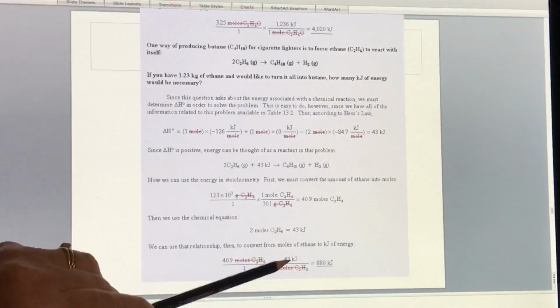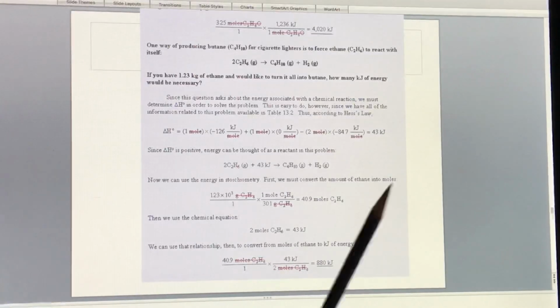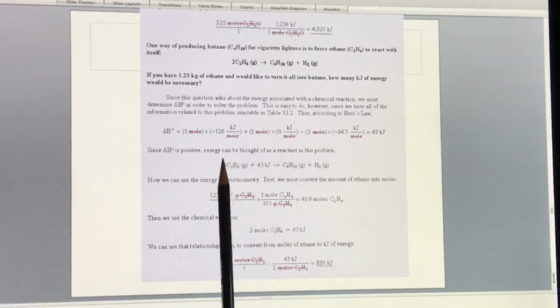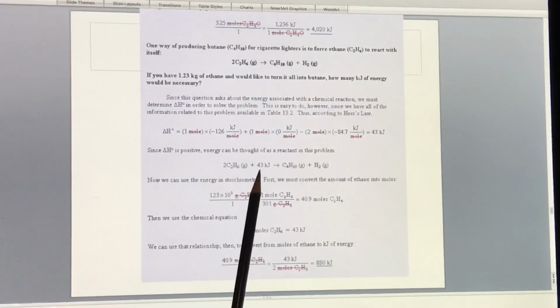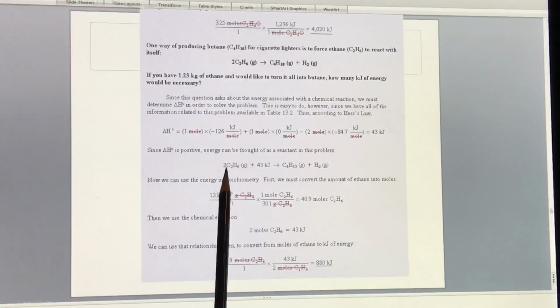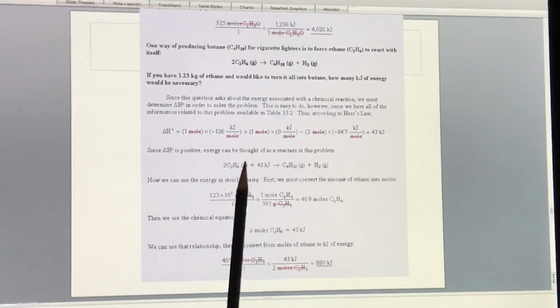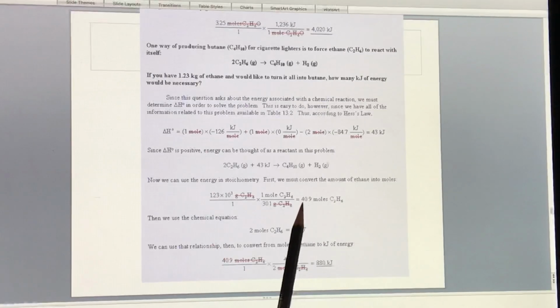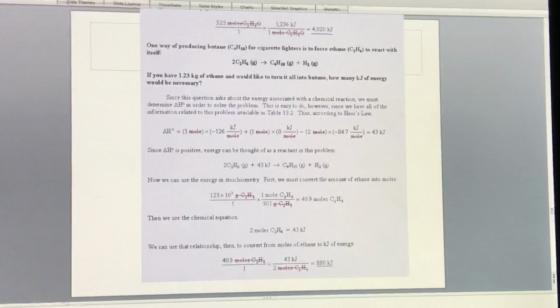That can create another conversion factor because you're asking the question: if I need 43 kilojoules to react with 2 moles, how many kilojoules would I need to react with 40.9? So you multiply the 40.9 times this conversion factor, the 43 over the 2 moles, and you get a total of 880 kilojoules for that answer.